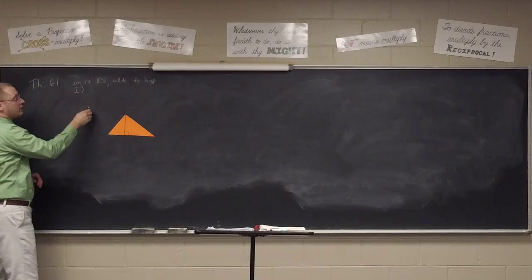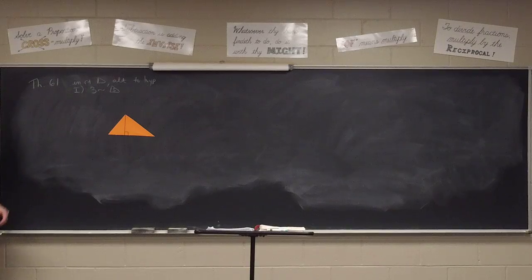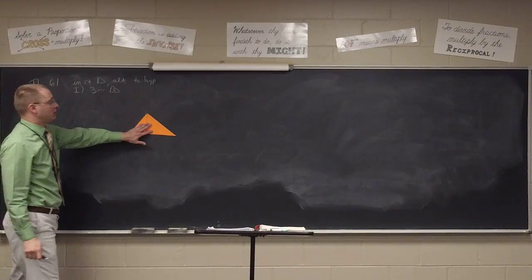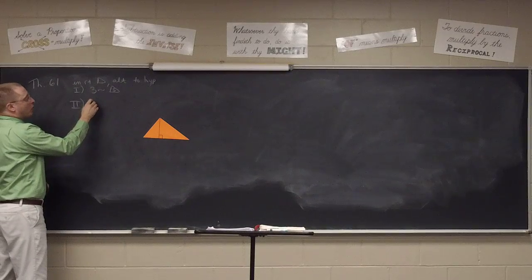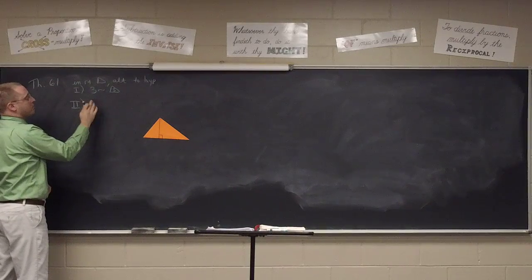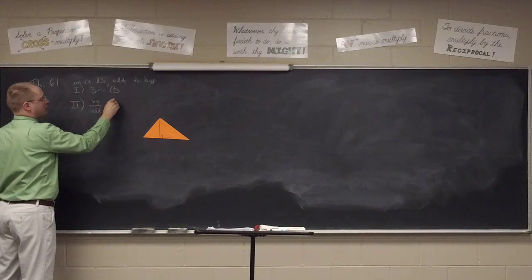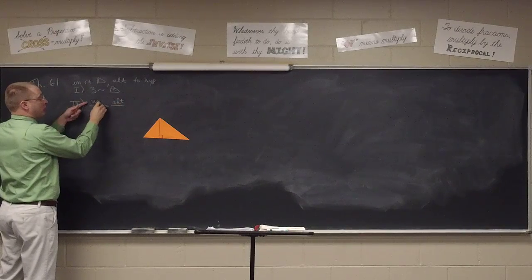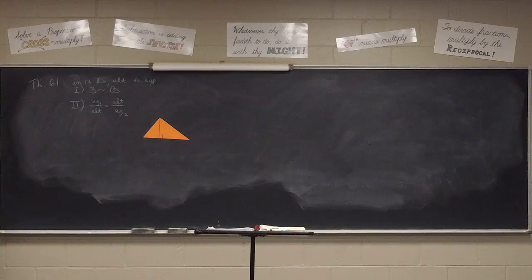Roman numeral 1, we're proving there are 3 similar triangles. Roman numeral 2, we're proving that the altitude is the mean proportional between the segments of the hypotenuse. So we're trying to prove that segment 1 is to altitude as altitude is to segment 2.